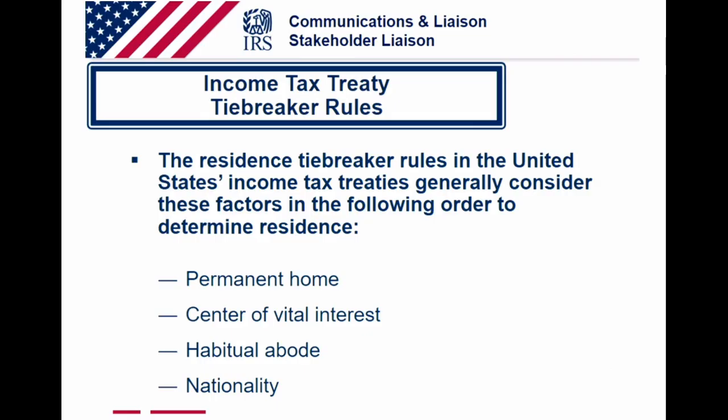Now, generally, the residence or residency article of the United States income tax treaties consider these factors that you see here on the slide in the order that they're listed here when determining a single country of residence under the treaty. The first one is a permanent home.